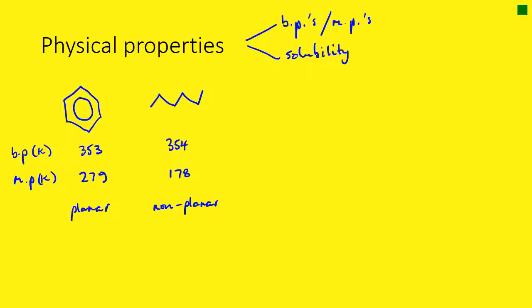They are both, of course, non-polar molecules, and so they're going to dissolve in non-polar solvents, but not polar solvents. So both soluble in non-polar solvents. Okay, and that's about it. That's all we need to know about the physical properties of benzene.